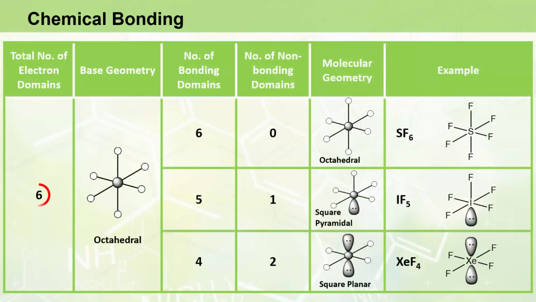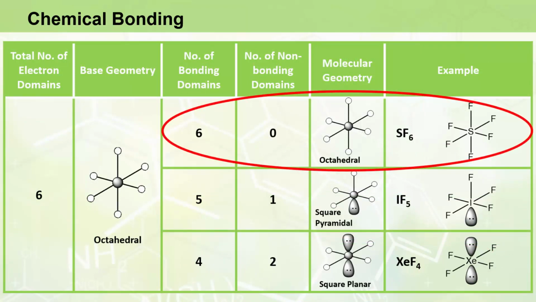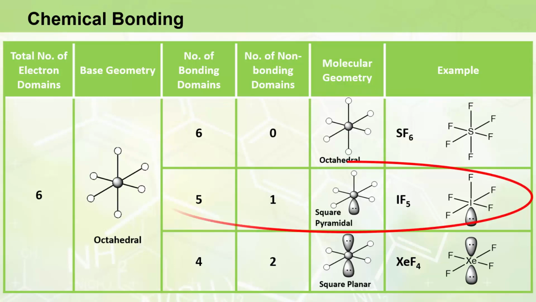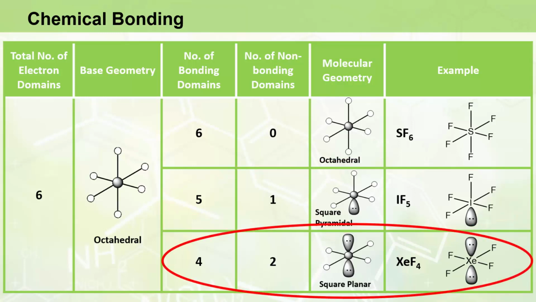In the case of 6 electron domains surrounding a central atom, this table shows that there are 3 possible molecular geometries: octahedral, where there are 6 bonding domains and 0 non-bonding domains; square pyramidal, where there are 5 bonding domains and 1 non-bonding domain; and square planar, where there are 4 bonding and 2 non-bonding domains.